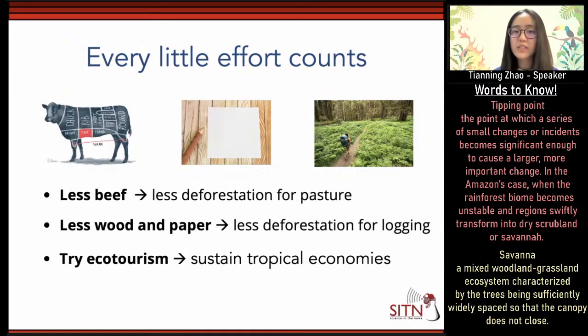You can't just cut off the economic development and say that while we are living a high standard of life, we ask the people living in those rainforest regions to live a poorer life as they did hundreds of years ago. But what we can do to help is to help develop sustainable tropical economies. And one way to do that would be ecotourism.